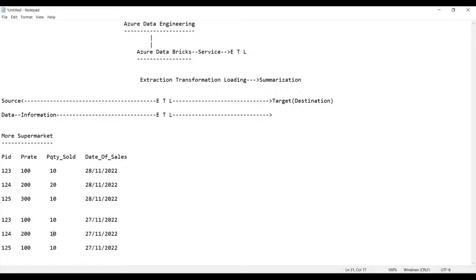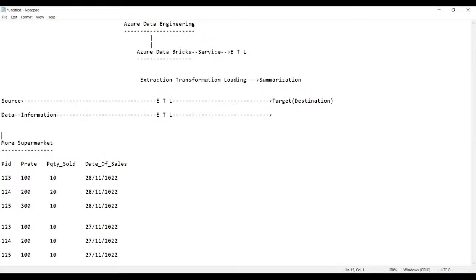Now, guys, tell me. My query is here. The supermarket management wanted to know the net sales that took place on 27th and 28th of November 2022, and find out the variation.